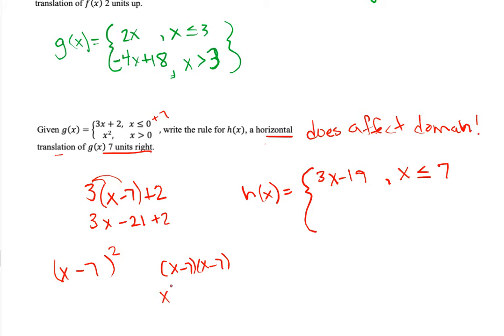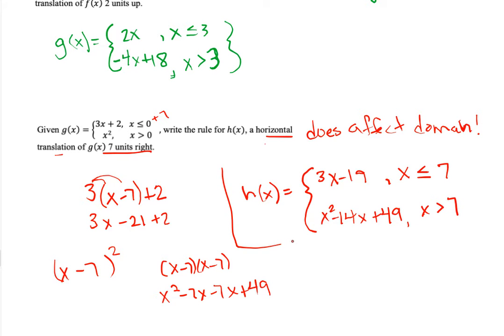So it'll actually look like x squared minus 7x minus 7x plus 49, or x squared minus 14x plus 49. And then again, my domain will change so that x is greater than 7. So this would be my final answer.